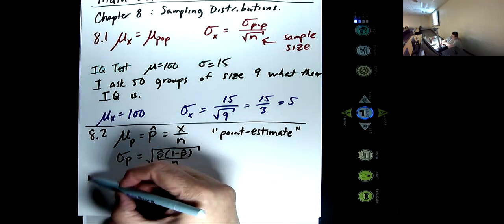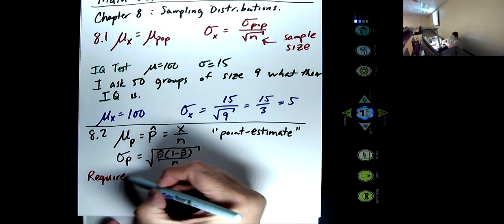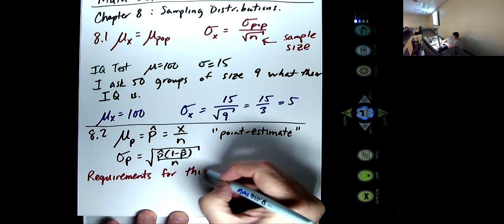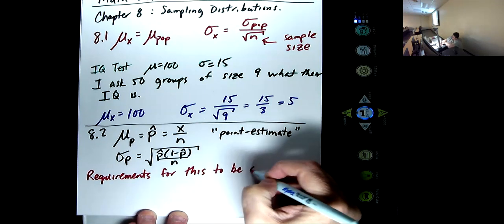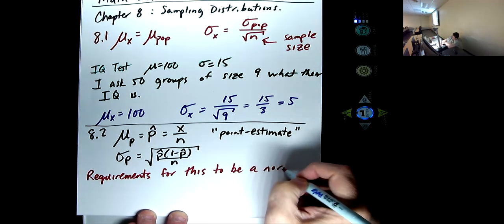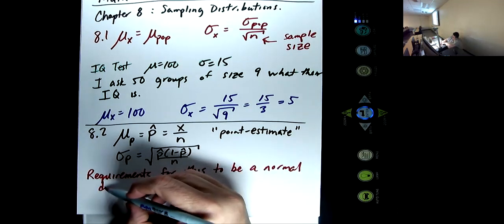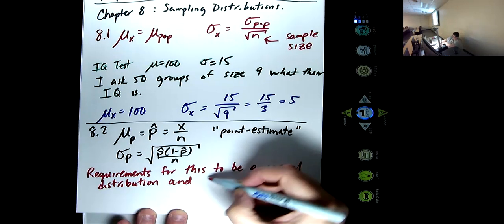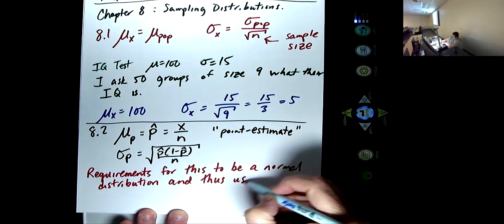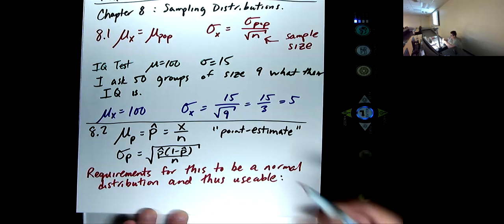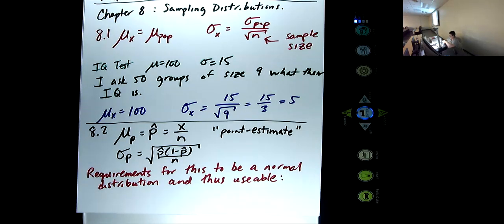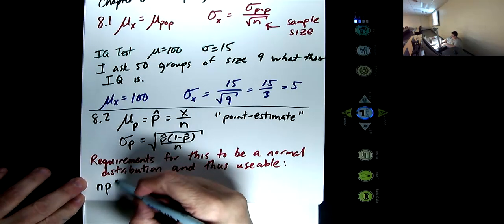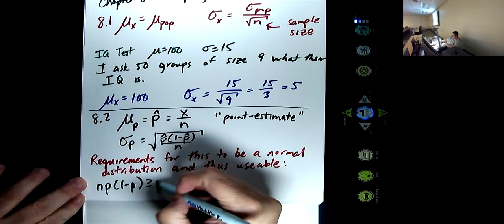And the requirements to use this, for this to be a normal distribution, and that's usable: n times p times 1 minus p needs to be greater than or equal to 10.